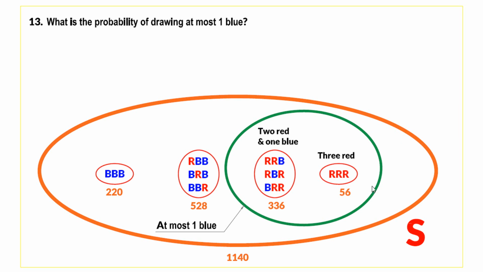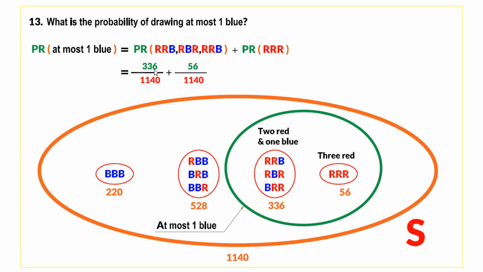So these two events are disjoint, and the probability of this event is equal to the sum of its disjoint events, which is the probability of 1 blue plus the probability of 0 blue, and that is equal to 336 for the first event over 1140 plus 56 for the second event over 1140, and this is equal to 0.34.